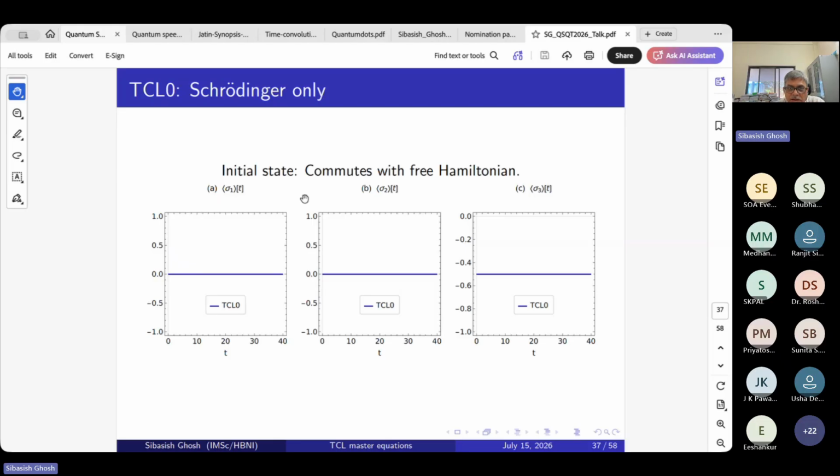The sigma 2 average value is 0 because you start with a state along the z direction. All of these are constant because no interaction is there, only the sigma z Hamiltonian is acting on it.